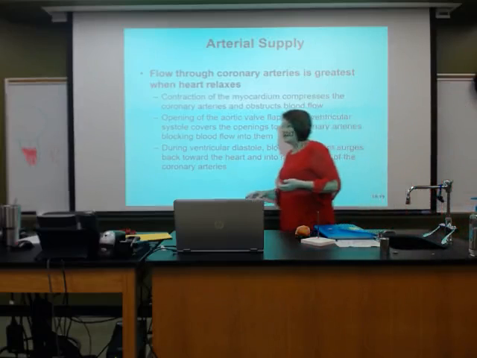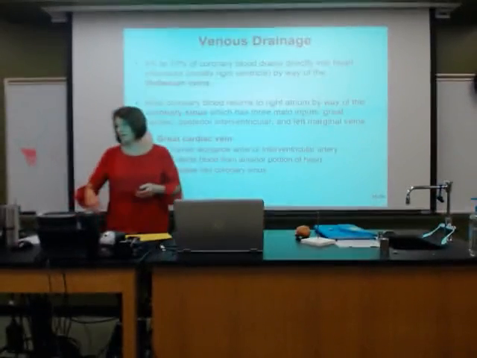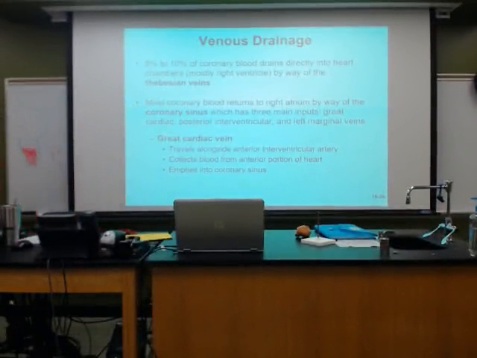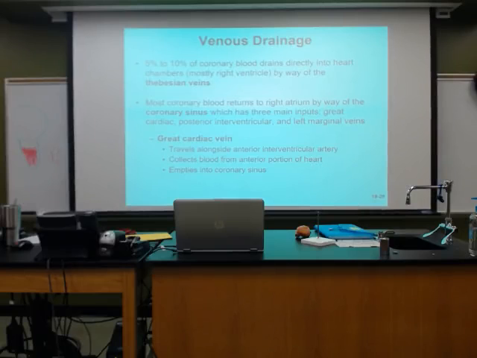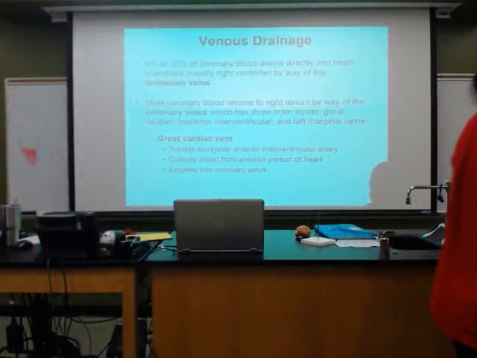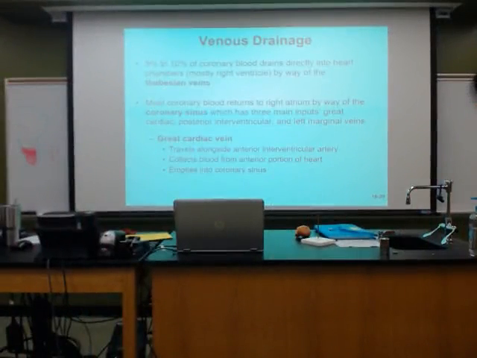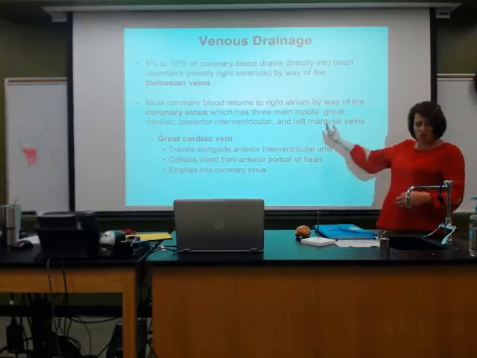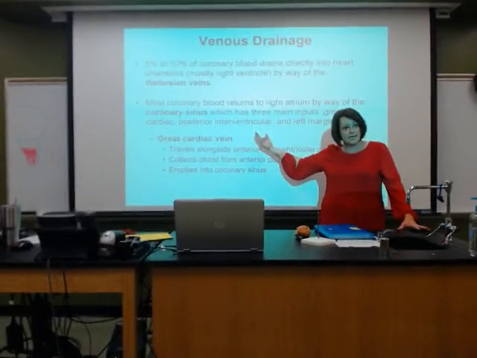So when we get the blood supply going in the coronary, we're going to have the blood return from the coronary circuit. Just like we have the blood return from the systemic circuit and the pulmonary circuit. If we've got the blood flow in that coronary circuit to all these tissues of the heart, that blood has to return to the heart just like all the other blood in the body.